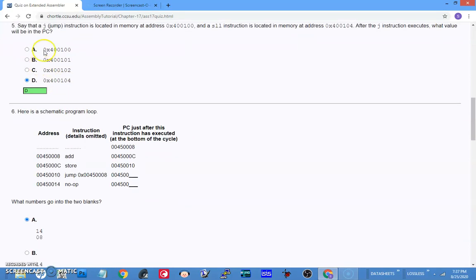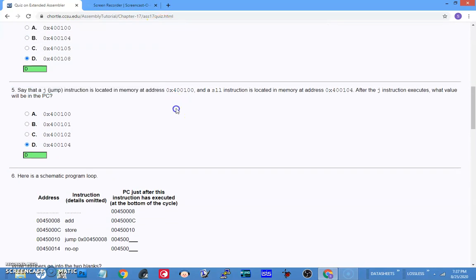Now the fifth question. There is a jump instruction at this address and an SLL instruction after the jump instruction. So after the jump instruction executes, what will be the value in PC? It's quite natural. The jump instruction is at 104, so the next instruction's address will be there in the PC.